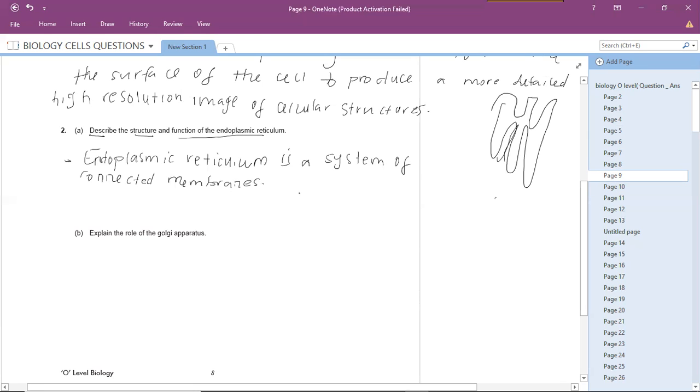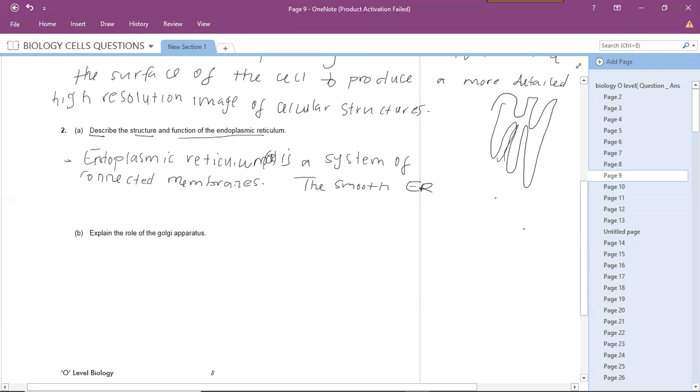Then we're going to go further on and say the smooth, you can just say ER, the smooth endoplasmic reticulum. The examiner will know what you're saying as long as you open brackets and put ER there.